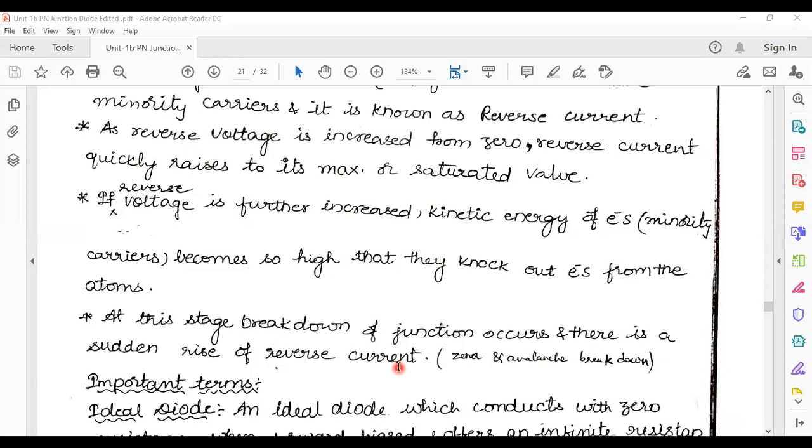That is, in p-type material, some of the minority charge carriers break the covalent bonds, and they travel towards the n side and give the minority carrier current flow.